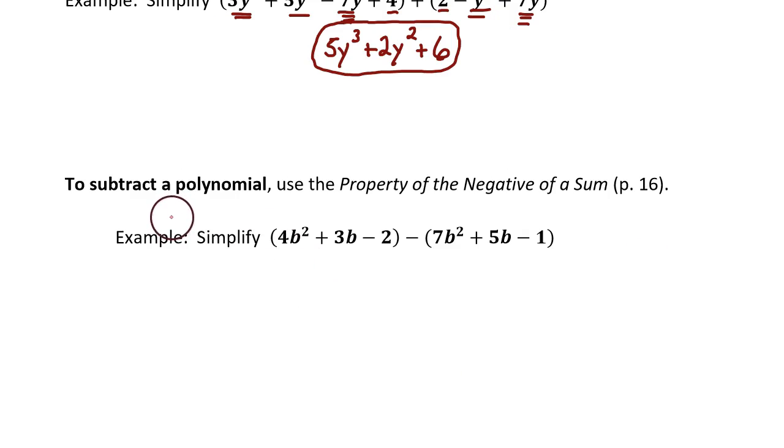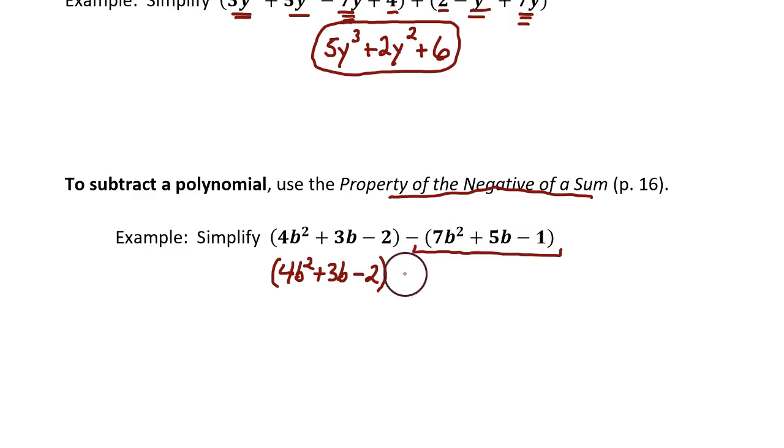Next, let's discuss subtracting a polynomial. To subtract a polynomial, use the property of the negative of a sum. This was one of the first axioms we learned this year. Let's rewrite this question by applying that theorem. The first polynomial will stay the same. Then we'll apply the theorem to handle the subtraction part.